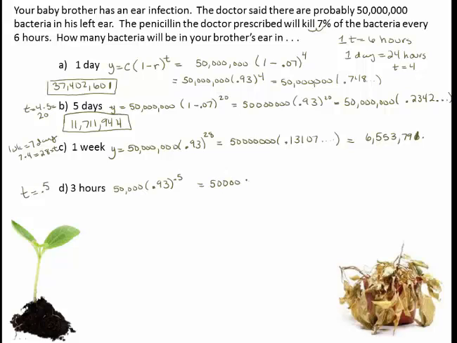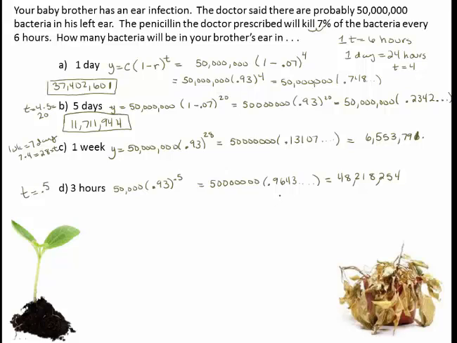So let me just write in my 50 million times 0.9643, etc. And I did round that to the nearest whole number, so there would have still been 48 million bacteria at the end of 3 hours.